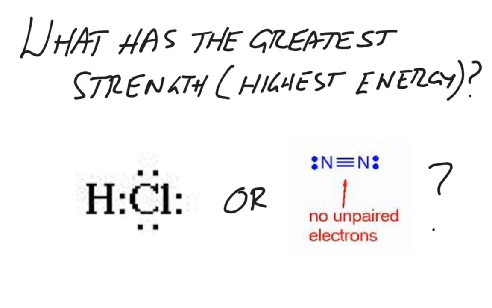Over here, on the left side, we have HCl. What type of bond does HCl have? Yes, we know it's covalent, but what kind of covalent bond is it? Focus on the area between the hydrogen and the chlorine. See that there is one pair. This is a single bond. Over here on the right, what do we have going on in between?